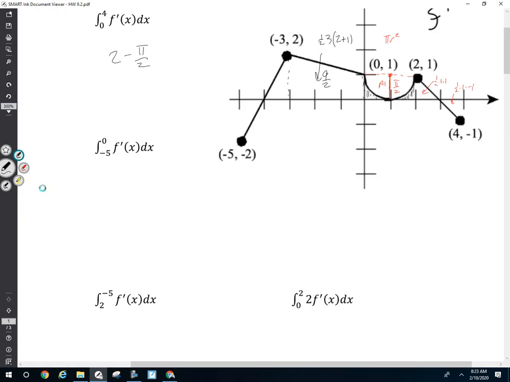Let's go from -5 to 0. Again, this is from left to right, so from -5, I'll go to -4. This is going to be a triangle, 1/2, base of 1, height of -2. So this is -1. This is going to be positive 1, base length of 1, height of 2, and then 9/2. So this is going to be positive 9/2.